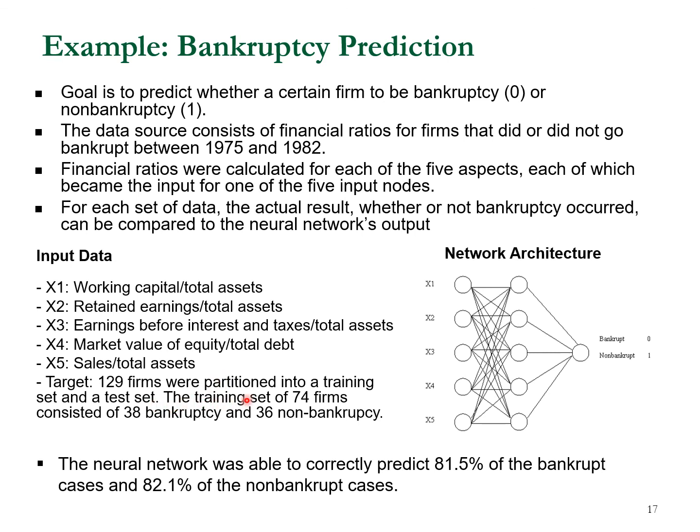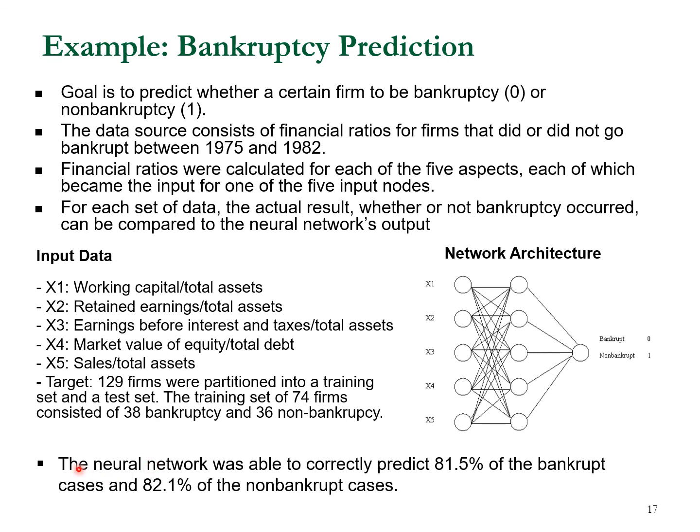The training data has 74 companies, 38 of them bankrupt and 36 non-bankrupt. Using these 74 data, we train this neural net, and the performance is evaluated using the remaining test data.